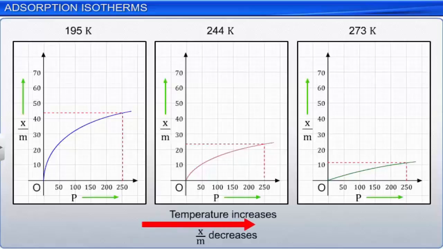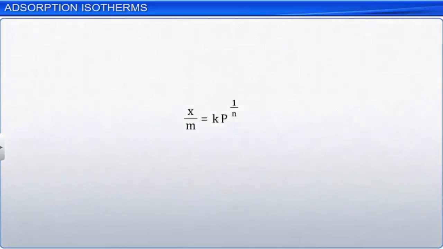The Freundlich adsorption isotherm can be validated by taking the logarithm of the isotherm equation. Taking logarithm of both the sides, the equation becomes log x by m equal to log k plus 1 by n log p.